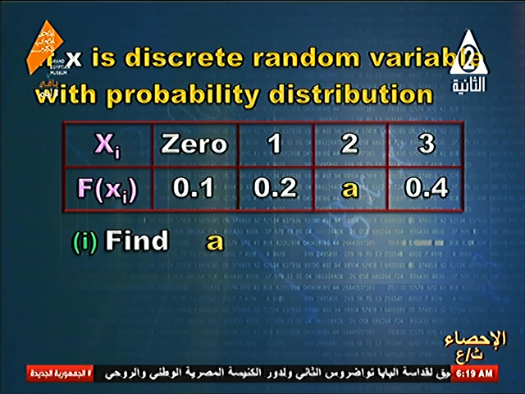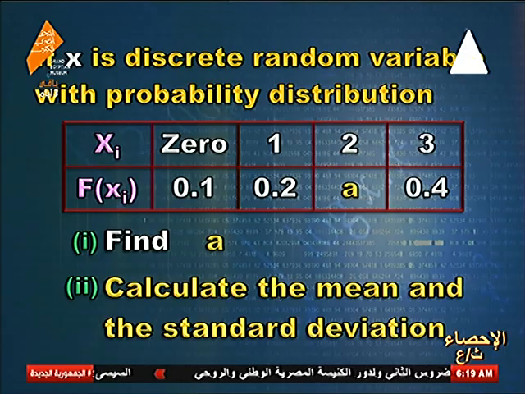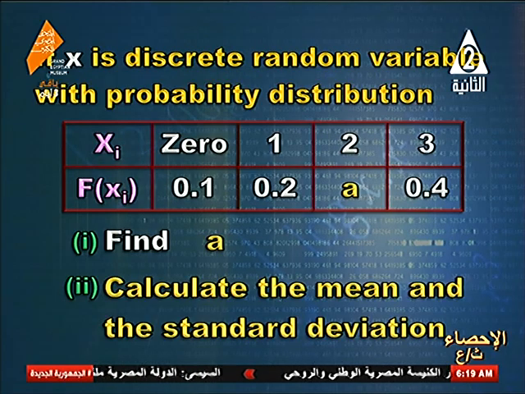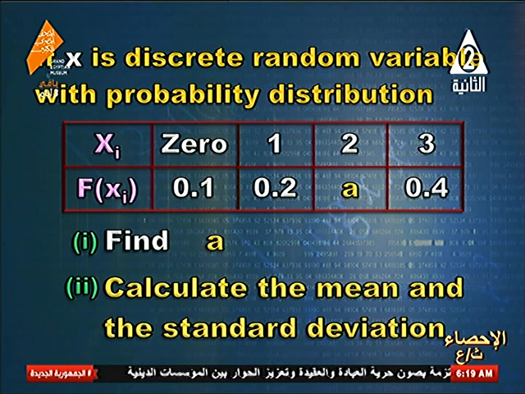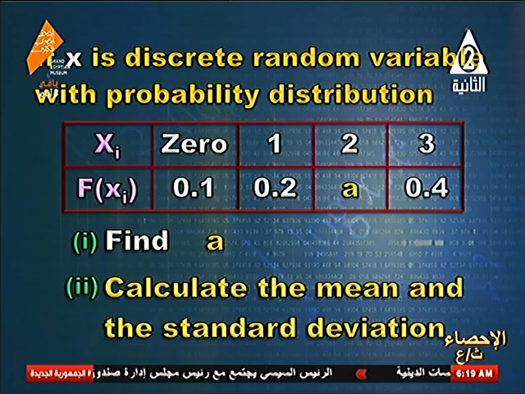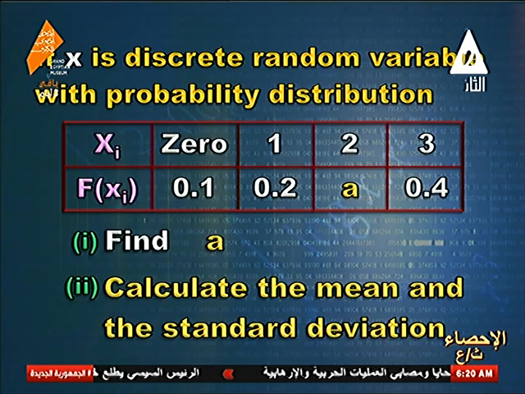Look at the required: find a, calculate the mean and standard deviation. My dear student, what is the mean? Mean or mu equals summation xi multiply f of xi.